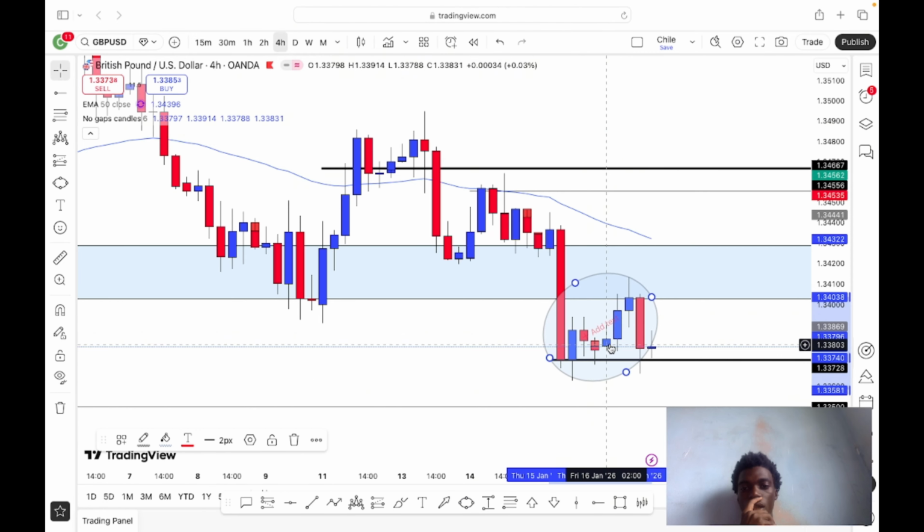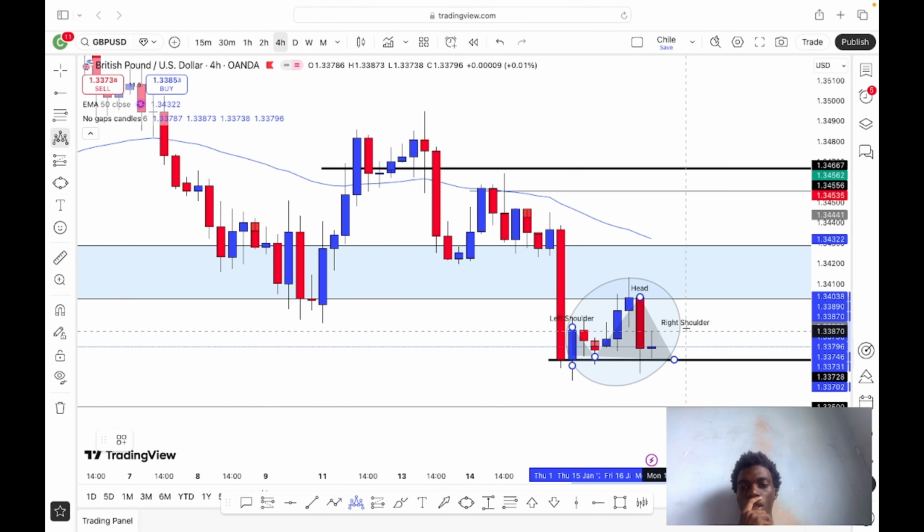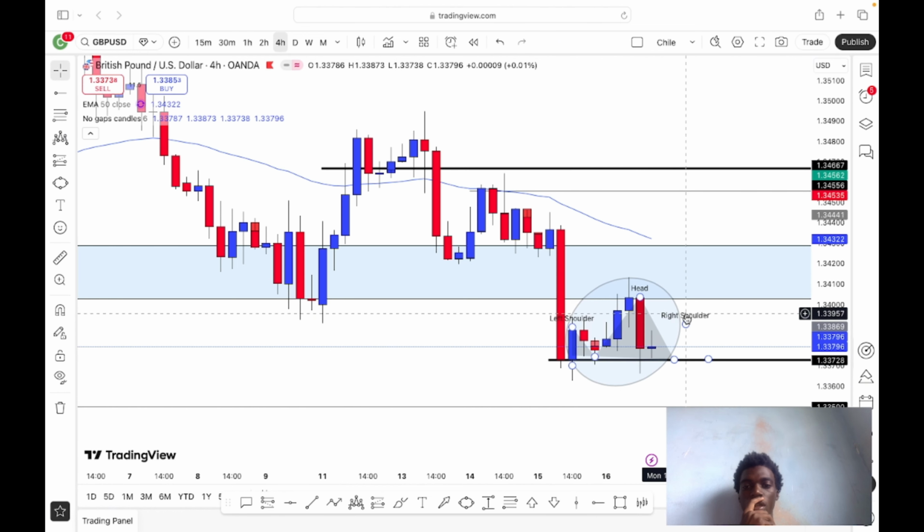In this area, price is creating some sort of rejection candlestick pattern. I can even say this looks like a head and shoulders pattern, just remaining to create the left shoulder, which would be somewhere right here.